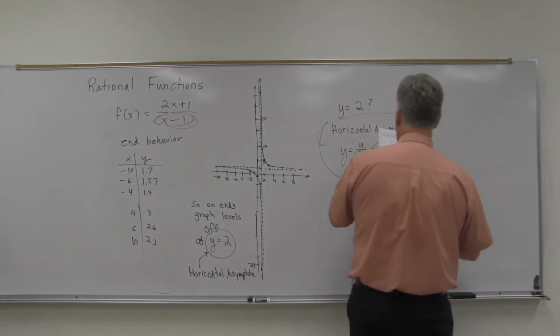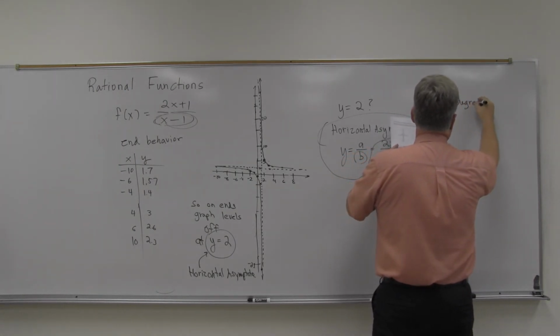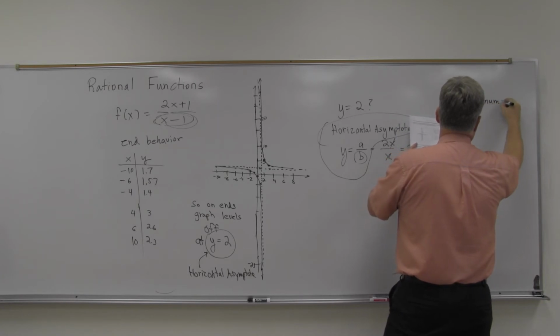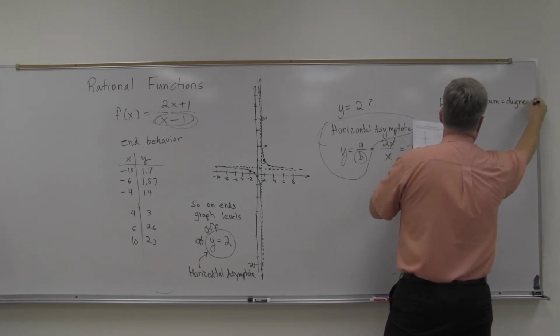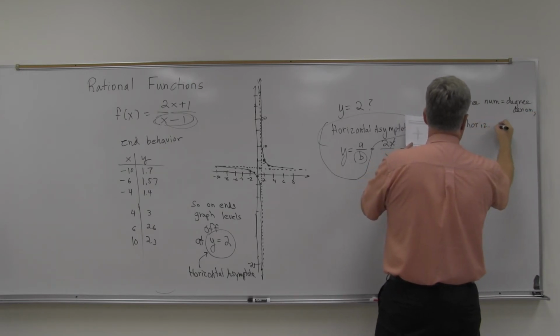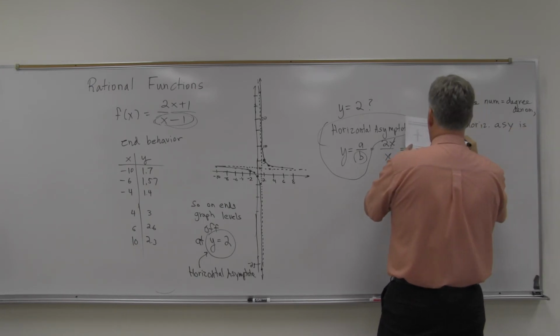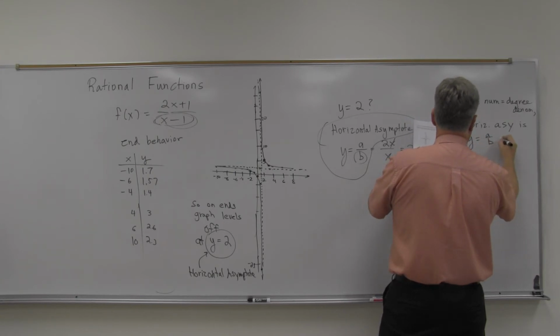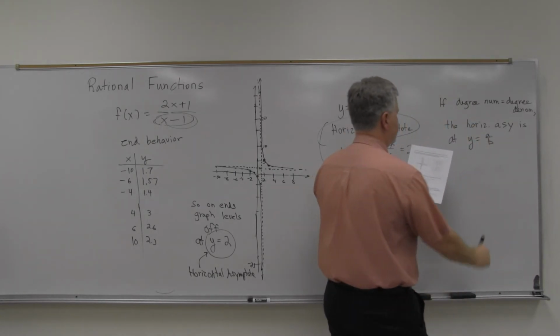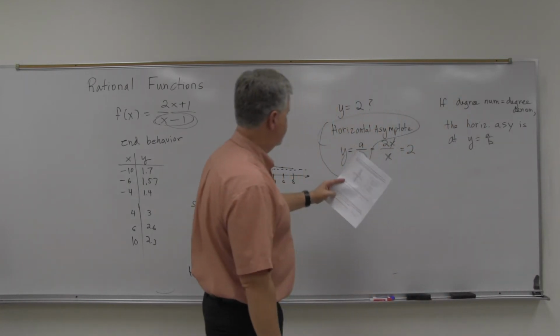All right? So, in general, for a rational function where the degree of the numerator equals the degree of the denominator, the horizontal asymptote is at y equals a over b, where a is the leading coefficient of the numerator and b is the leading coefficient of the denominator.